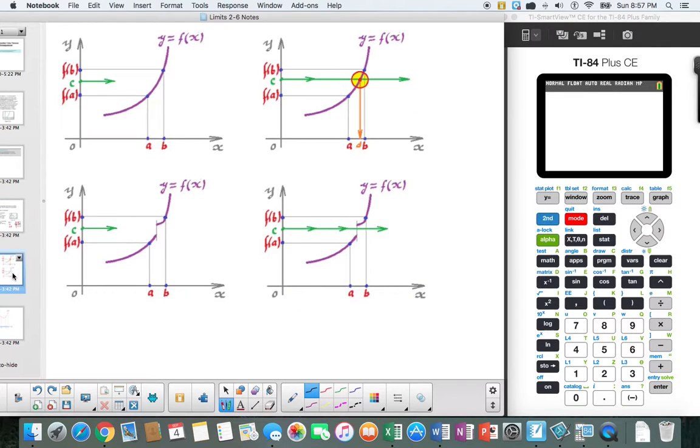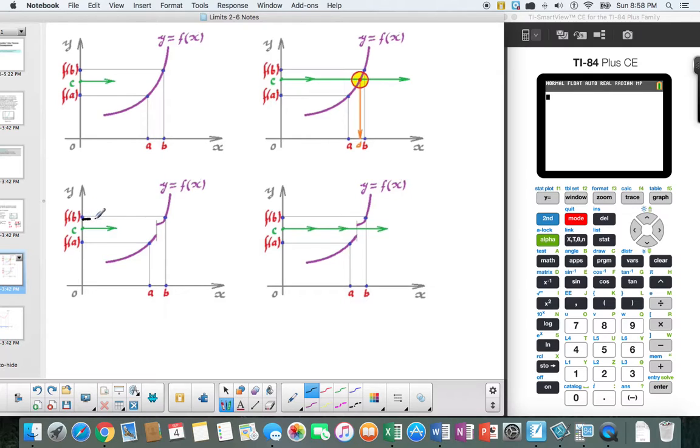Let's take a look at these pictures right here. You can see this function is continuous. When we have an intermediate value between two y values, we know the x value that goes with it will be within the interval a and b. Now notice that this is not continuous, so we may or may not have a c value, an intermediate value that has an x value that's in the interval.